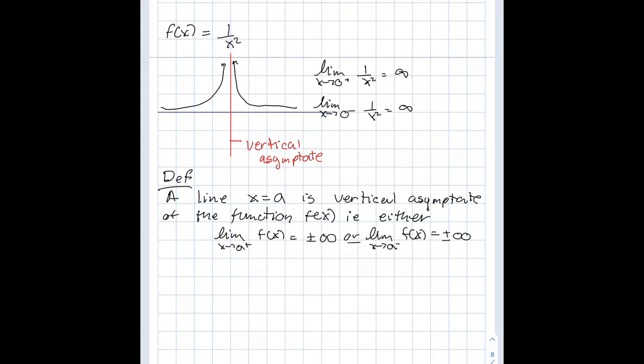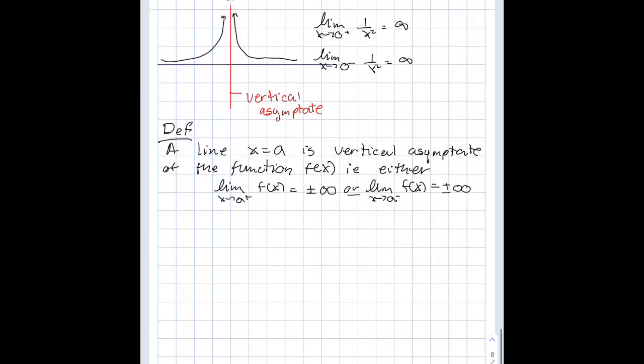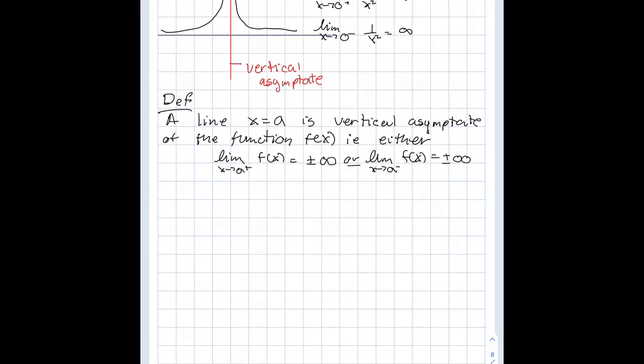Okay? So if we're looking at a graph, usually vertical asymptotes are going to be where the denominator equals 0. That'll kind of be an indication of where we need to look.